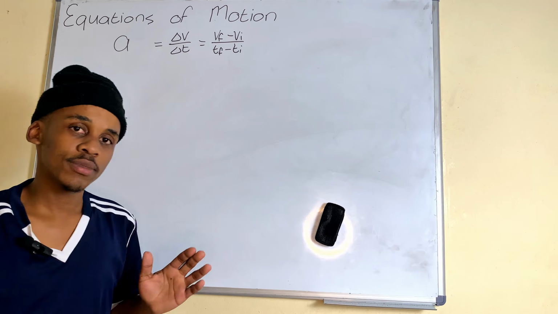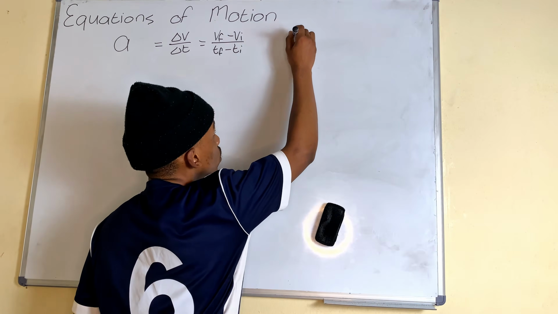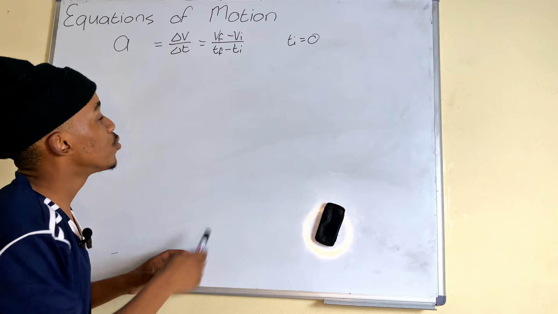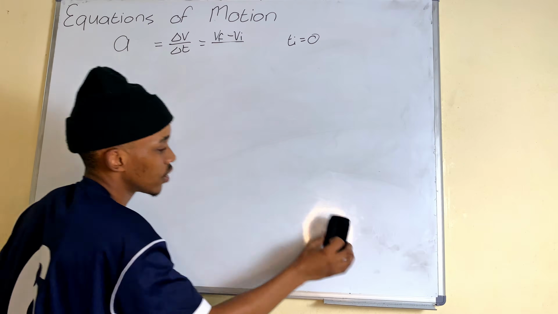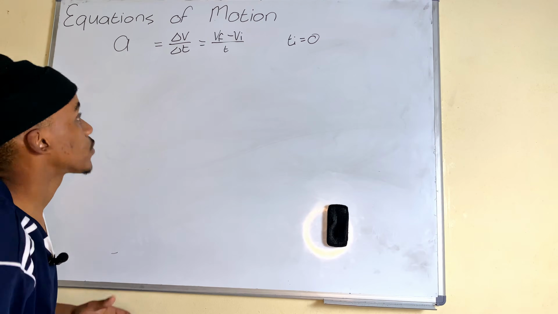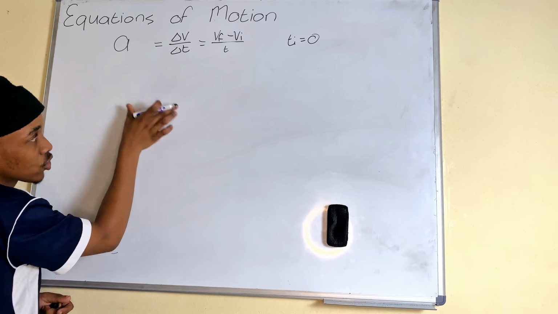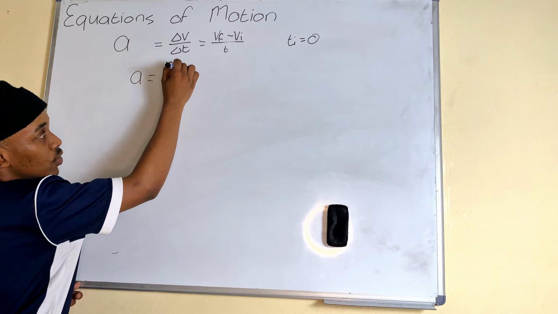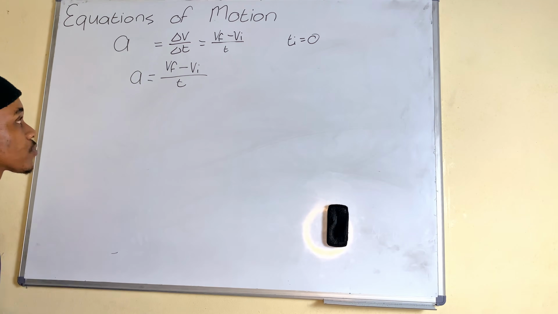If we take the initial time to equal 0, then we can remove the initial time from our equation, leaving us with just the time. I'll use this equation and drop it down over here. So acceleration is equal to velocity final minus velocity initial, all over time.